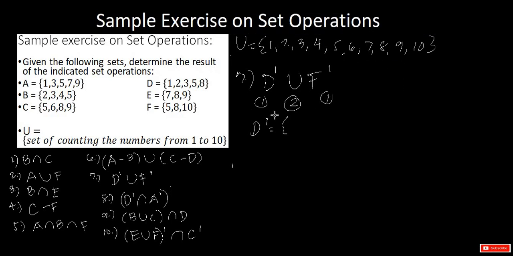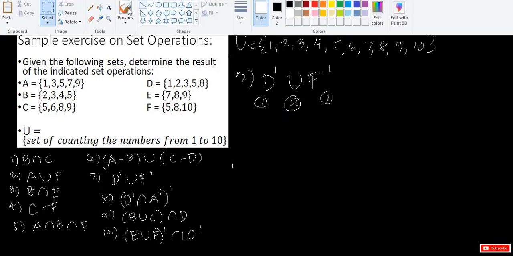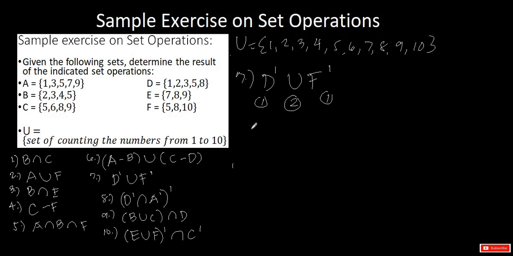Let's list the elements of set D first before we answer. Set D contains the elements 1, 2, 3, 5, and 8. And set F contains the elements 5, 8, and 10.